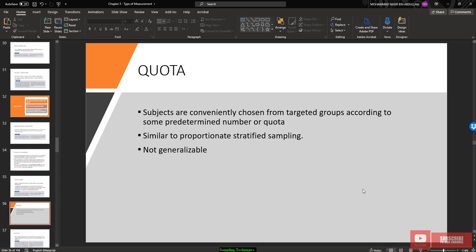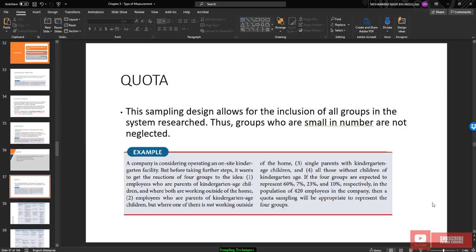Similar to proportionate stratified sampling, but it is not generalizable because this is a non-probabilistic sampling technique. There is no randomization effect applied in quota sampling. So this sampling design allows for inclusion of all groups in the research. Thus, groups who are small in number are not neglected, right?